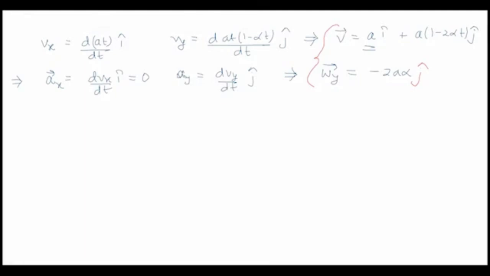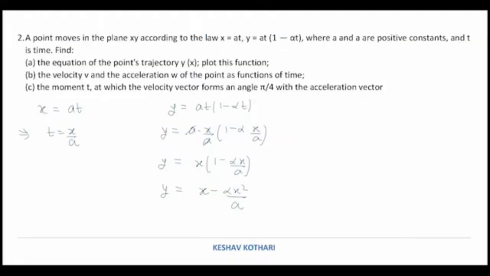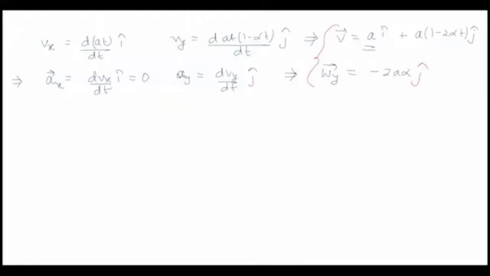Next, the question is asking us to find the time at which the velocity makes an angle of pi by 4 with the acceleration vector. So we can again use this concept of the dot product, cos of the angle, which is cos pi by 4, equals v dot acceleration upon magnitude of v times magnitude of acceleration.